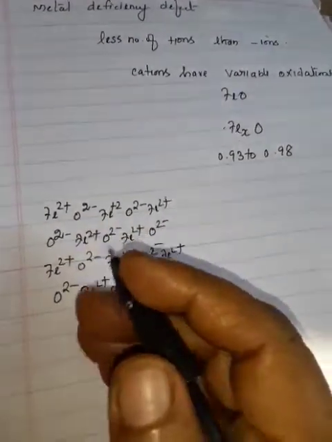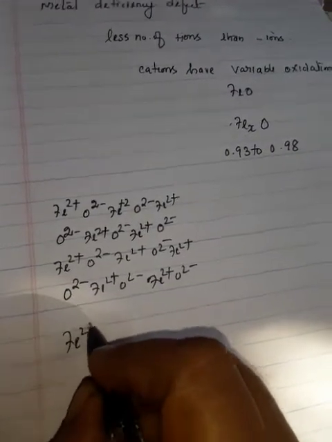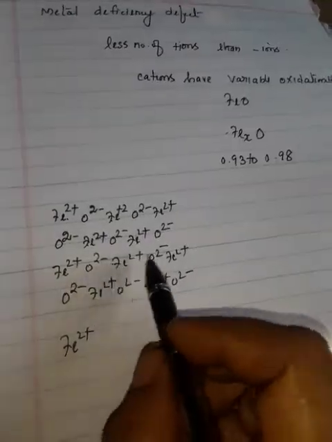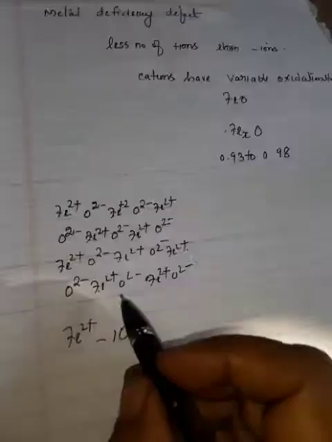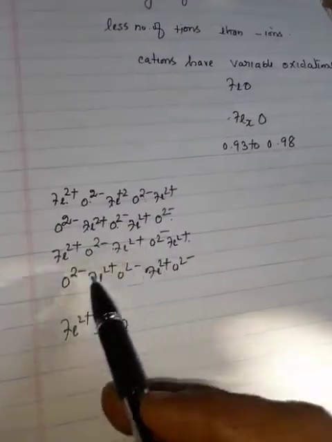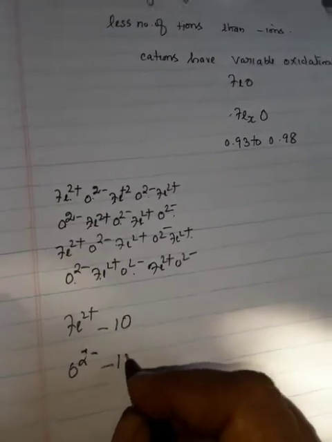So before the defect, we can count the charges. Fe2+: 1, 2, 3, 4, 5, 6, 7, 8, 9, 10. O2-: 1, 2, 3, 4, 5, 6, 7, 8, 9, 10.